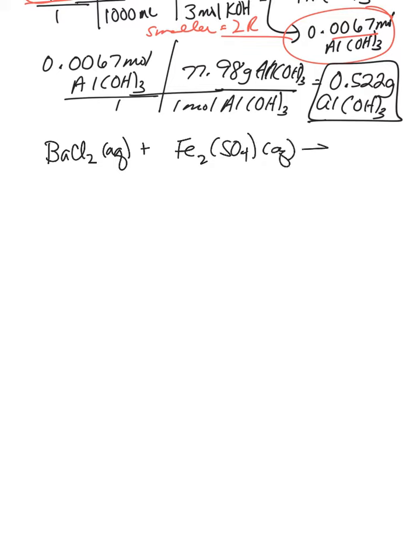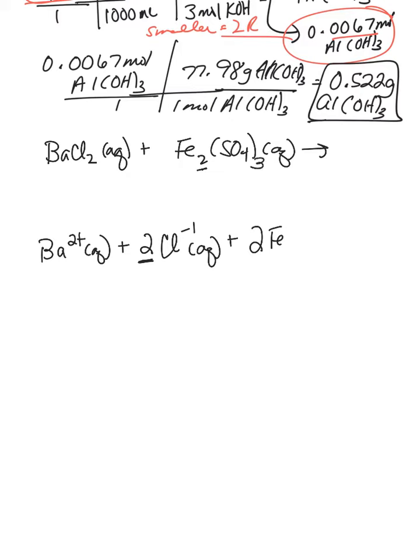aqueous. And then we have to predict the products, so we're coming down here and we break them up into their charges. Barium is a 2+, it's in group 2A. We have 2, the big 2 here, chlorides with a 1- charge. We have 2 irons because of the subscript 2, and this iron here should have a 3+ charge.